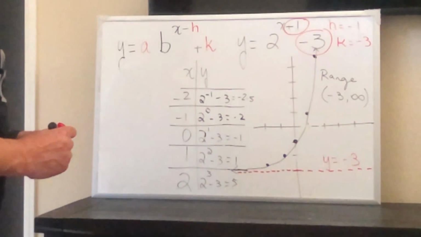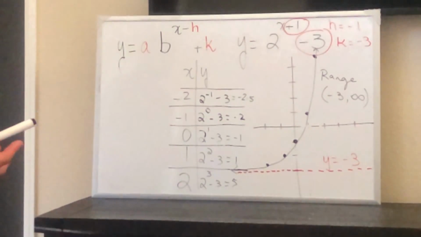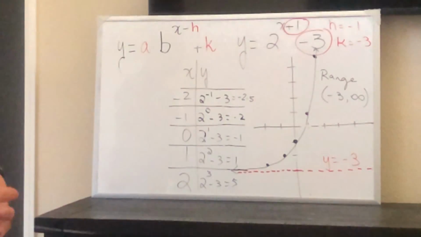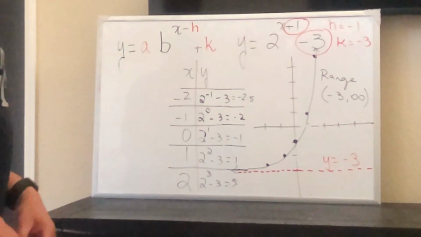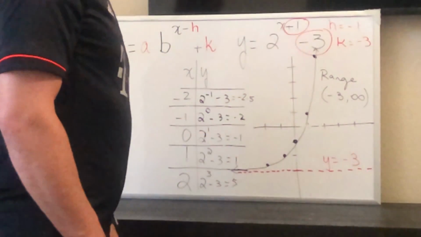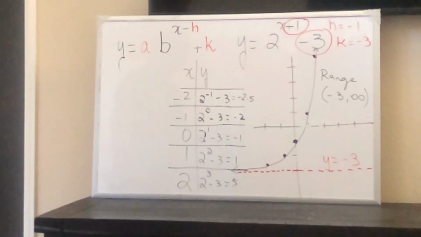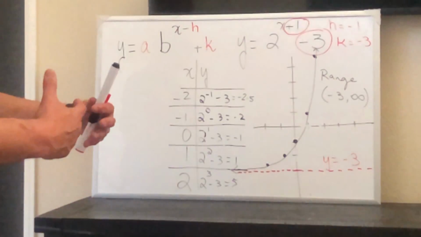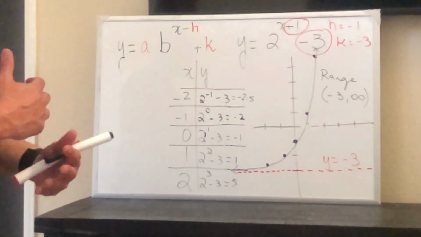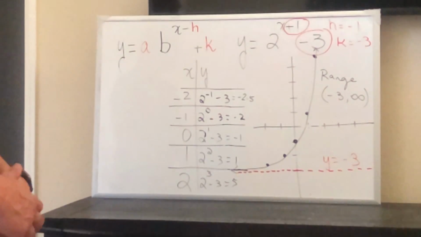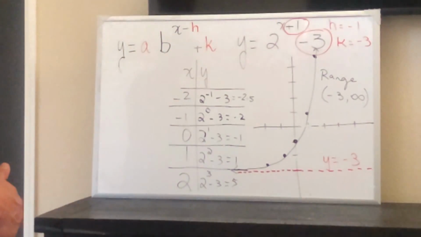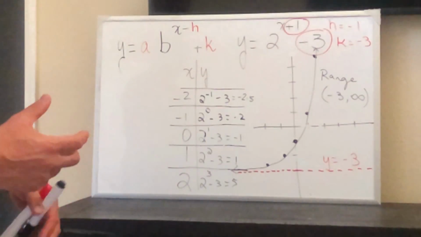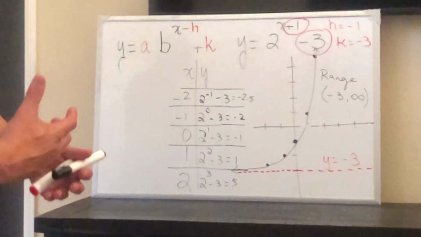It's really important to see how the range did change because we had a vertical shift, right? But did the domain change? Absolutely not. I don't care what kind of transformation you perform, whether reflection, stretch, compression, shift right, left, up, down, the domain doesn't change.